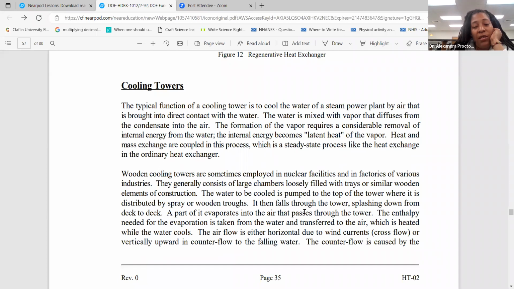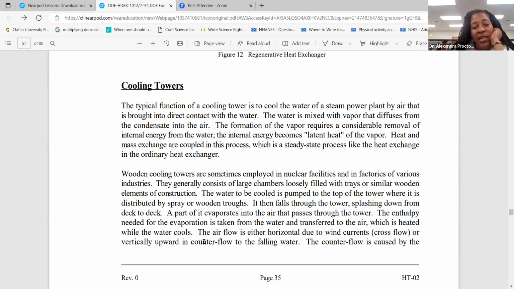The water to be cooled is pumped to the top of the tower, where it's distributed by spray or wooden troughs. It then falls through the tower, splashing down from deck to deck, and a part of it evaporates into the air that passes through the tower.